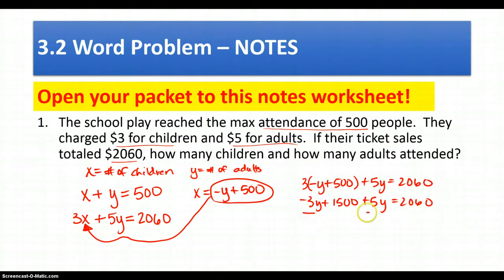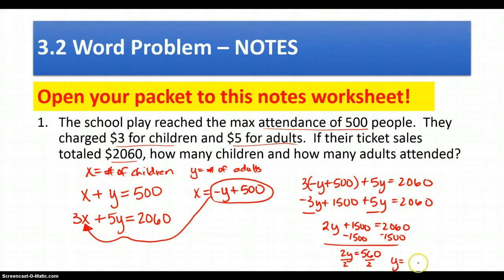I'm going to combine my like terms. So 2y plus 1500 equals 2060. Subtract 1500. 2y equals 560. And divide by 2. So y equals 280.